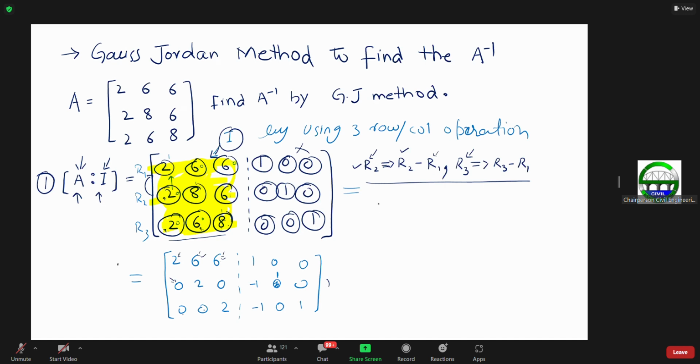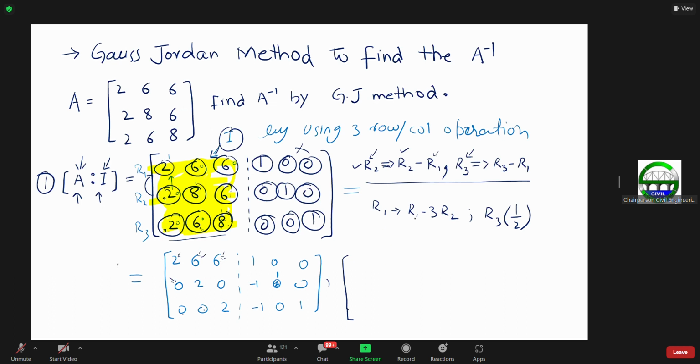In that operation, R1 equals R1 minus 3R2, and R3 equals 1 by 2 of R3. This is going to be my second operation. So let's apply this one.